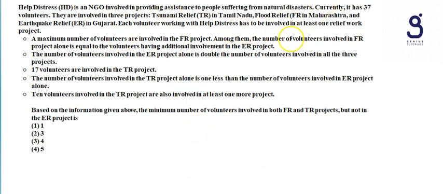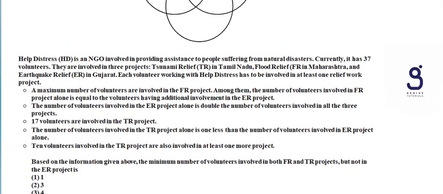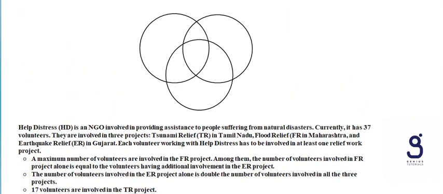In this question it is given that there are 37 total volunteers and they are involved in 3 projects: TR, FR and ER. Let's say that these are the 3 circles: TR, ER and FR.